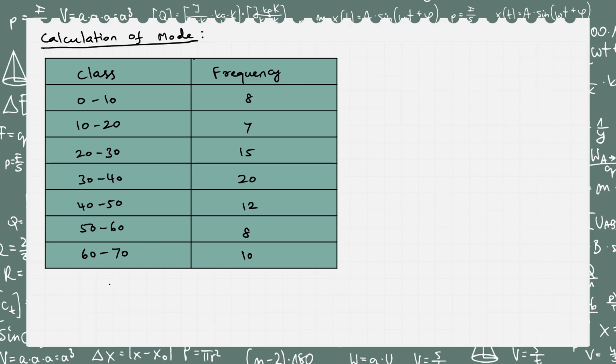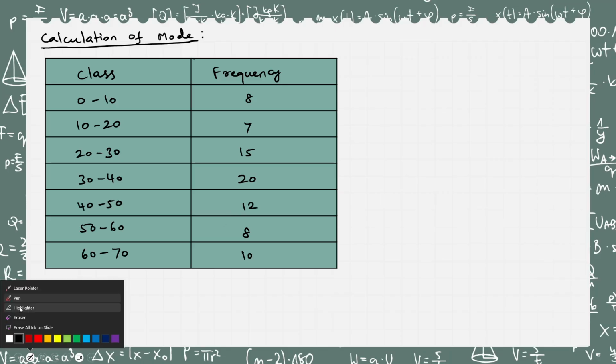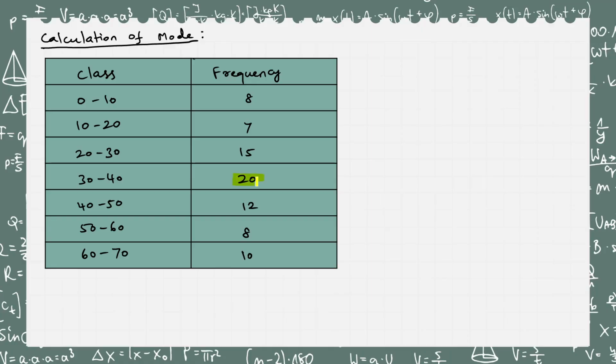So what is the procedure? In the frequency column, we have to select the highest frequency. What is the highest frequency we have? 20, right? So the row containing 20 is our modal class.